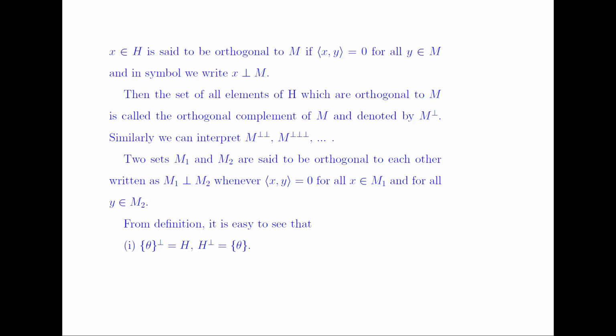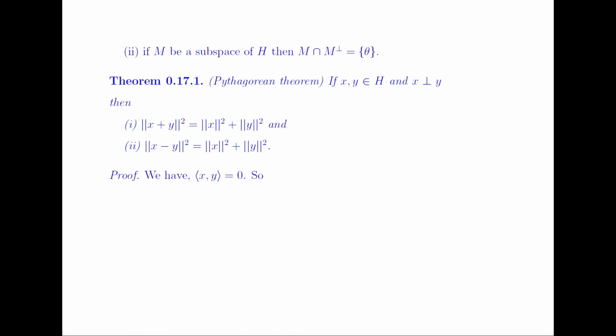From this definition, it is very easy to see that the orthogonal complement of a zero vector is equal to the space, and the orthogonal complement of the space is equal to the zero vector. If M is a subspace of H, then the intersection of M and its orthogonal complement is the zero vector. So now first we discuss the Pythagorean theorem.